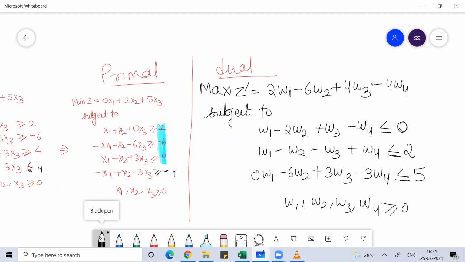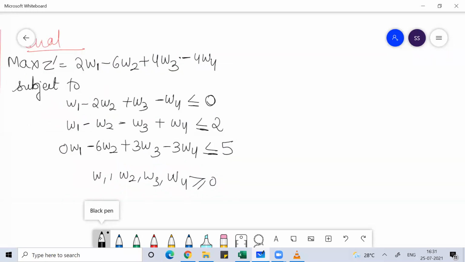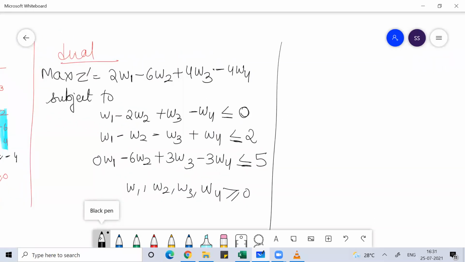Now the same dual form, guys, I can write as maximum of z dash is equal to 2w1 minus 6w2 plus 4 times (w3 minus w4), taking it common.